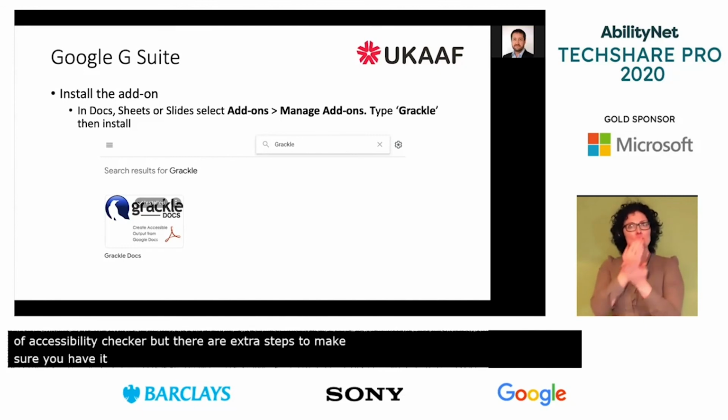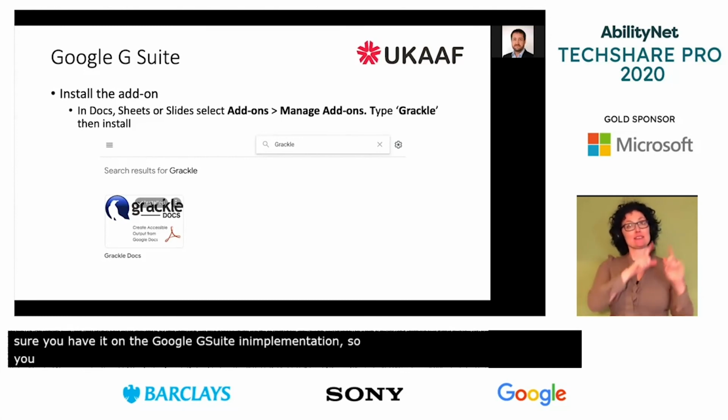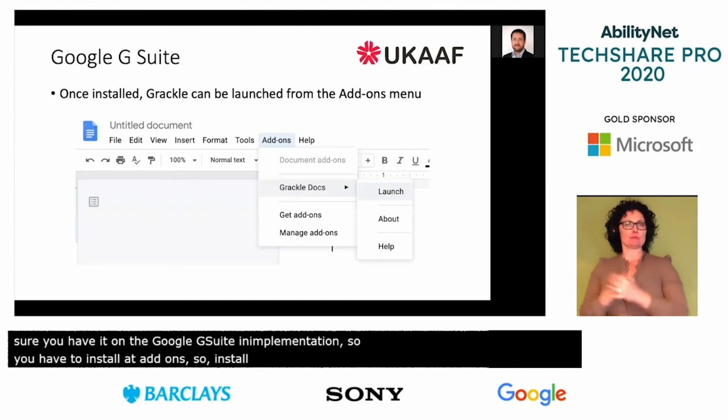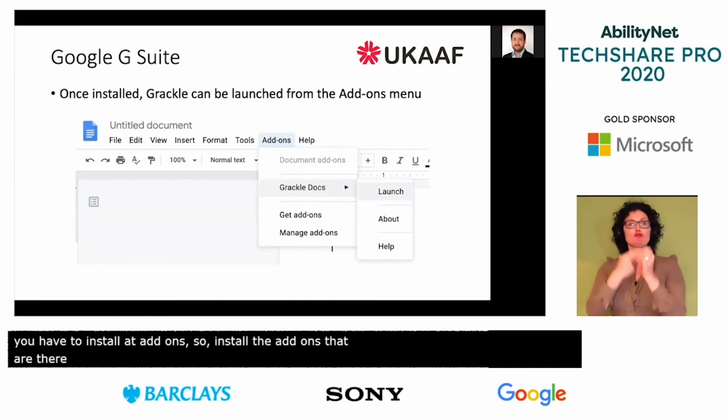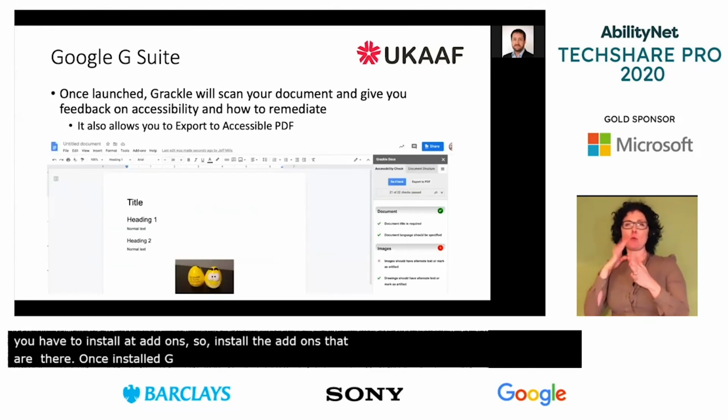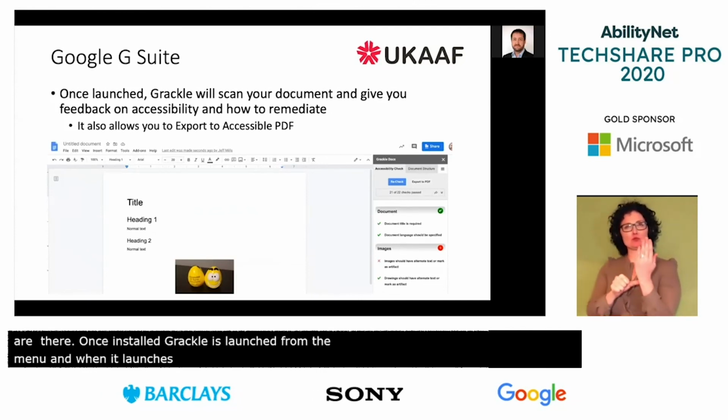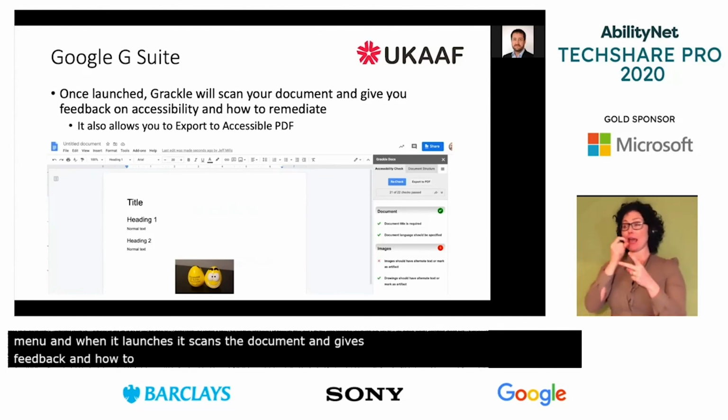So you need to install the add-on to start with. In a doc, a sheet, or a slide, select Add-ons, Manage add-ons, type Grackle, and install the add-on that's there. And then once installed, Grackle can be launched from the Add-ons menu. When it launches, it will scan through your document and give you feedback on accessibility and how to remediate. And it'll also allow you to export to an accessible PDF as well.